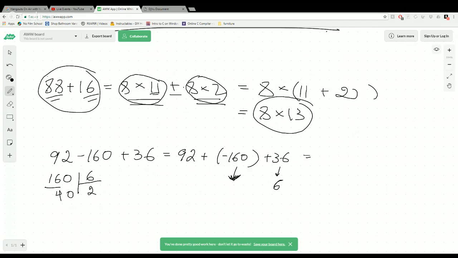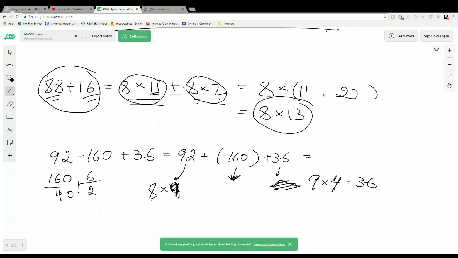So you look for another multiple. You say, is there another number that all three of these are divisible by? Well, 92, I know, is 8 times 7. I'm sorry, 8 times 9. So 8 or 9. How about 9? Is 36 a multiple of 9? Well, I know that 9 times 4 is 36.